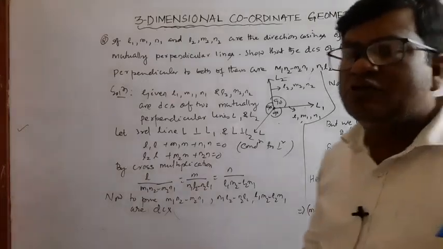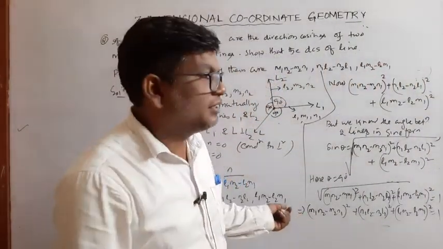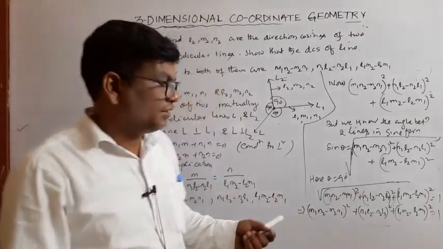If the sum of the squares of three numbers is equal to 1, then the direction ratios are direction cosines.